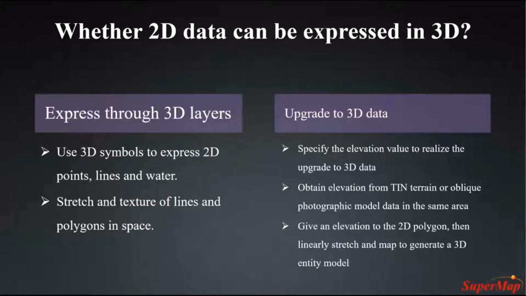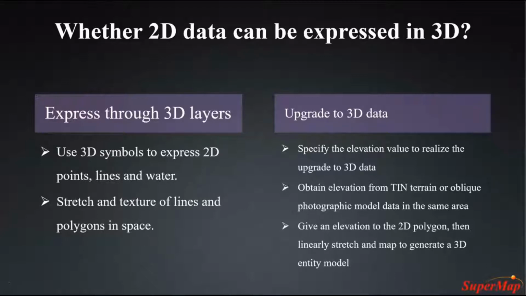We have accumulated a wealth of 2D GIS data. If this 2D data from the past is completely discarded and new 3D GIS data is reproduced, it will cause a great waste, right?